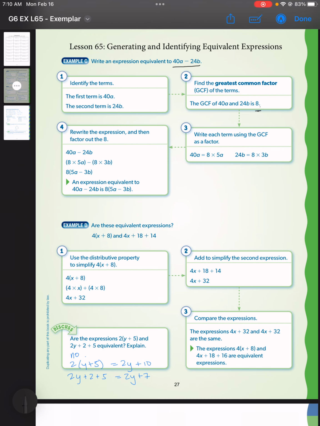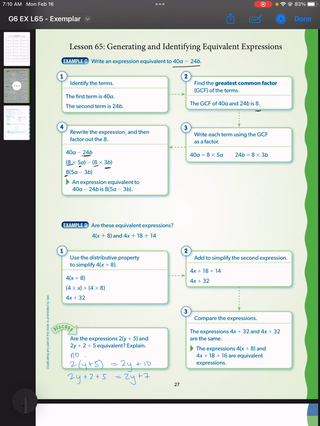So now I'm going to have to rewrite this expression with factoring out the 8. So if I look at 40a, that is 8 times 5a. And if I look at 24b, that is 8 times 3b. That common factor I have here is that 8. So I write that on the outside of my parentheses. And what I have left is 5a minus 3b.